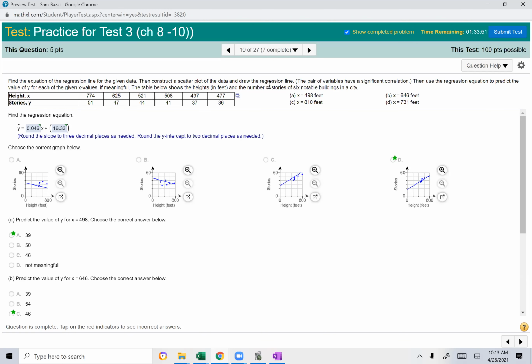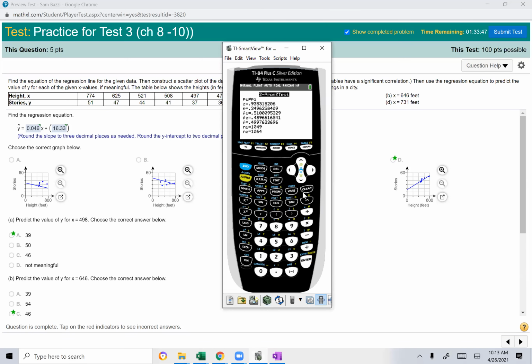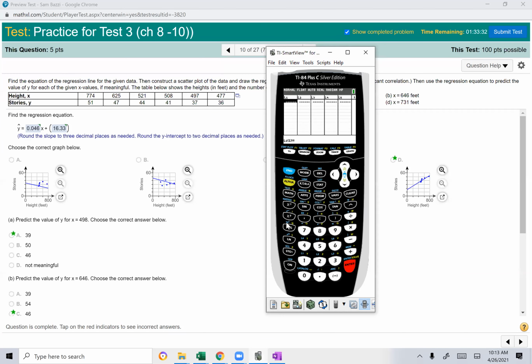Okay, as I promised you, I said I'm going to do this using the calculator. So I'm going to bring the calculator and show you how you could have done this on the calculator. I know it's been a while since we did work with chapter 9. Clear, enter. Okay, so enter the x values first. 774.